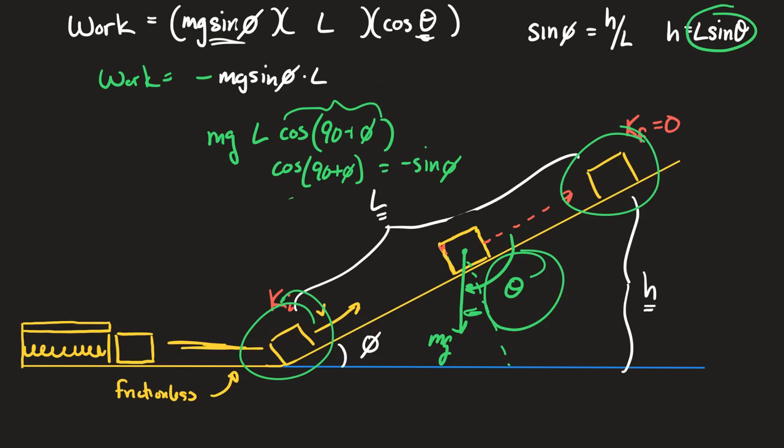Which means that this is the same as this. Well, I could have, but most people don't know that cosine of 90 plus phi is equal to negative sine phi.